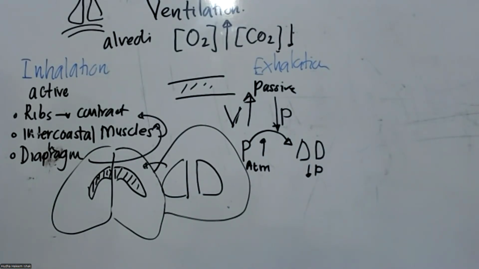The gas will flow. This is what is called inhalation because it is creating what gradient? It is creating a pressure gradient, because pressure gradient means what? The steep diffusion gradient is the difference between the high and the low. No? So since there is a high atmospheric pressure outside and low pressure inside, it is creating a pressure gradient, and then the air will flow from high pressure in the atmosphere to low pressure in the lungs.